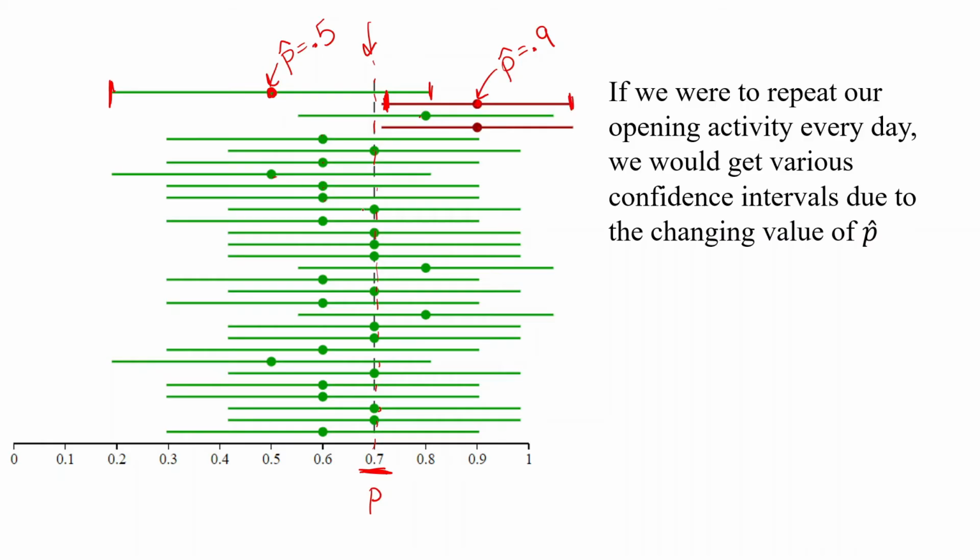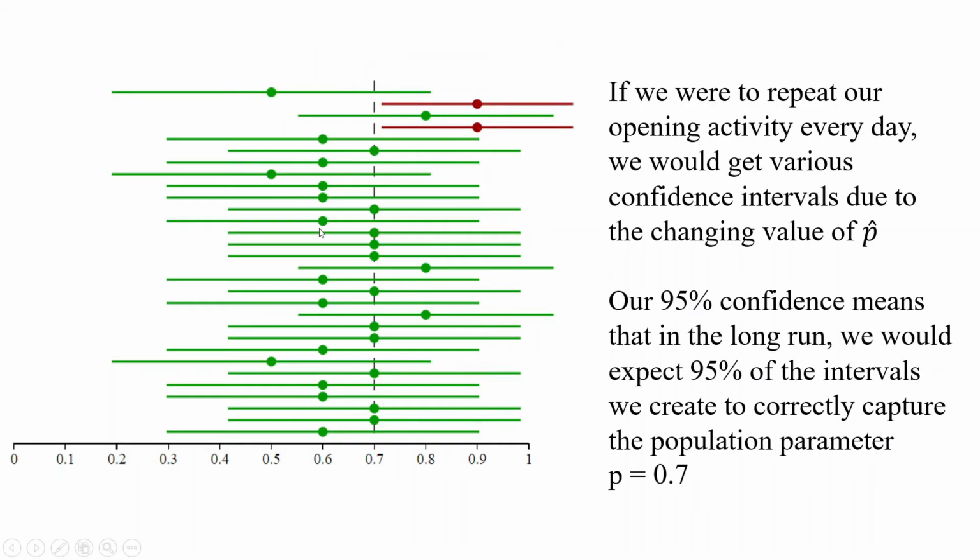And you can see that most of them capture it, but 2 of them in this simulation do not. So when we use our 95% confidence to create these confidence intervals, we mean that in the long run, we would expect 95% of these intervals to correctly capture our population parameter. And this is how we interpret our percent confidence here.